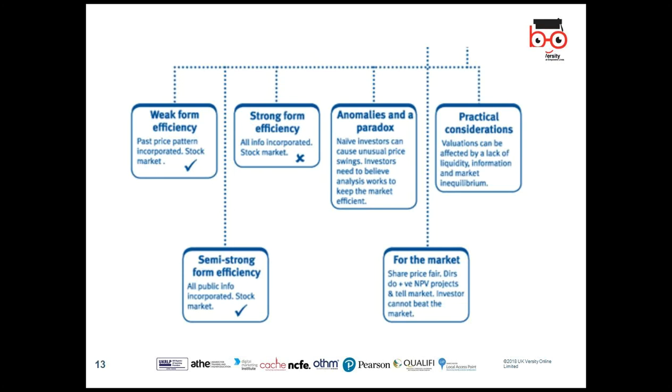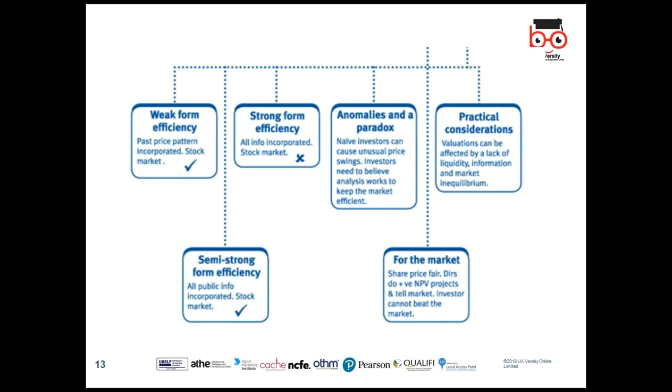Normally, then the paradox: of course, naive investors can cause unusual price swings. Investors need to believe and do their own work to keep the market efficient, because sometimes some big investors can manipulate things as well. They can sell or buy, increase the demand and supply, and ultimately the share prices can change.